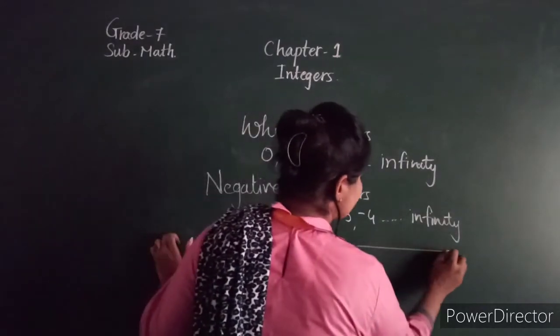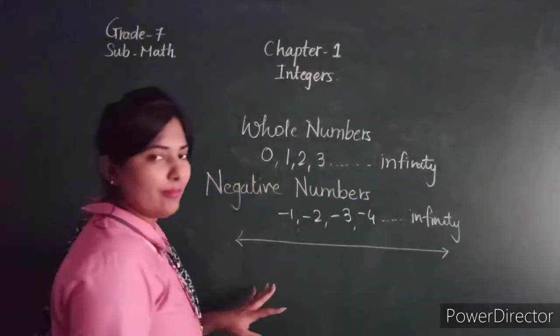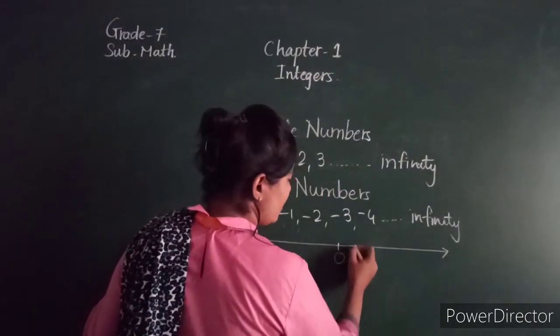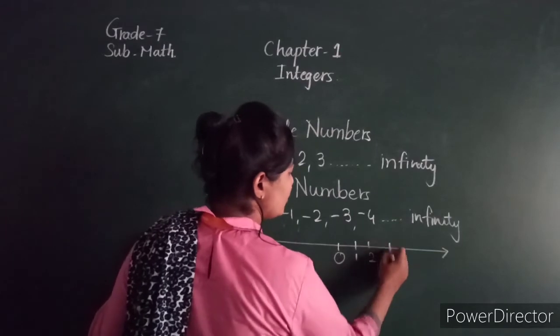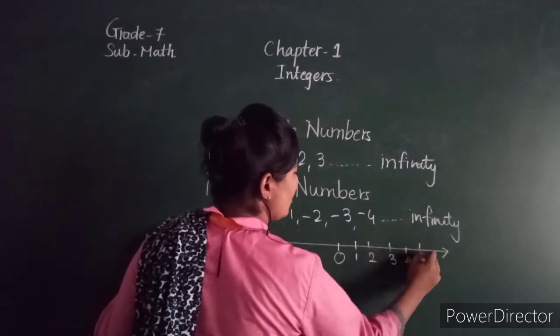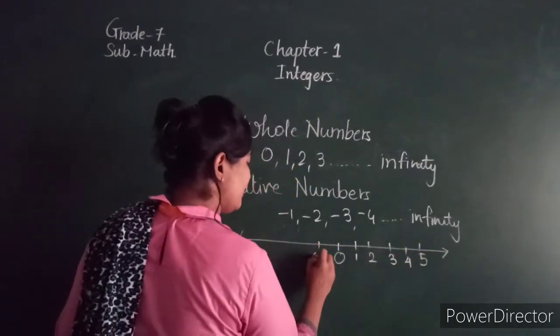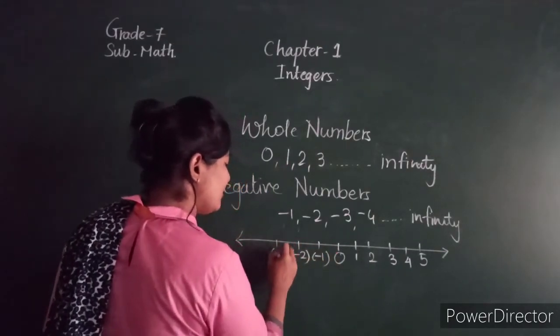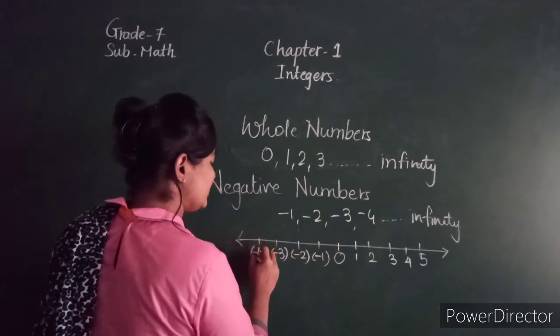Let's discuss this on a number line. So here put 0, 1, 2, 3, 4, 5. Here -1, -2, -3, -4.